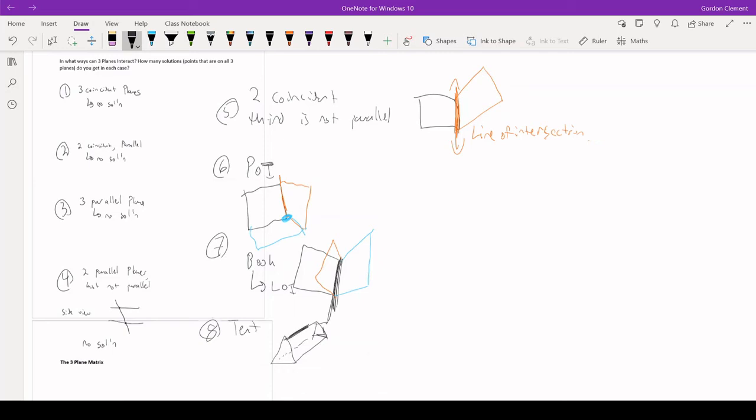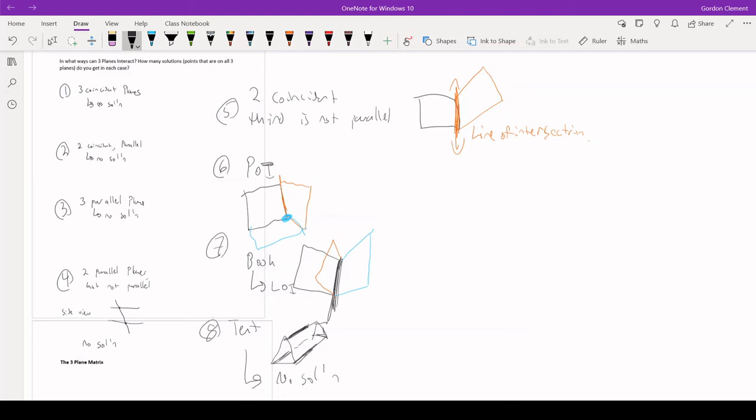So those 2 planes cross at that line, those 2 planes cross at that line, these two planes cross at that line, but those lines never cross. So there is no solution when it's the tent. There are no points that are on all three at the same time. They'd form a triangular prism.